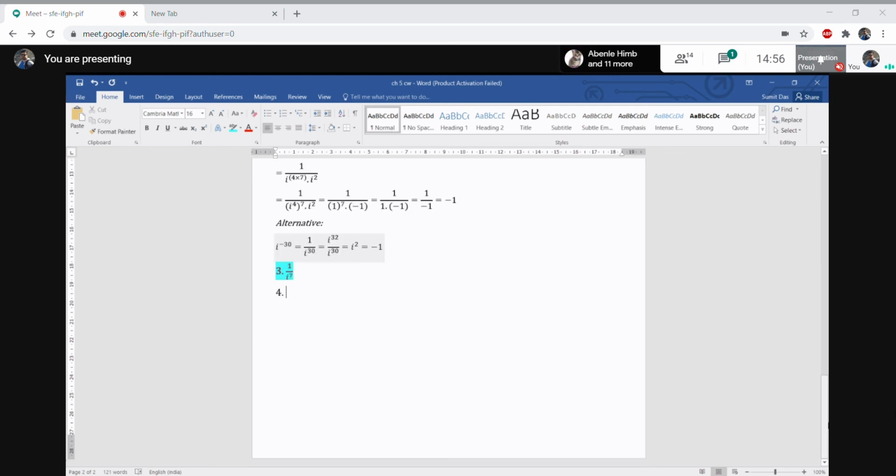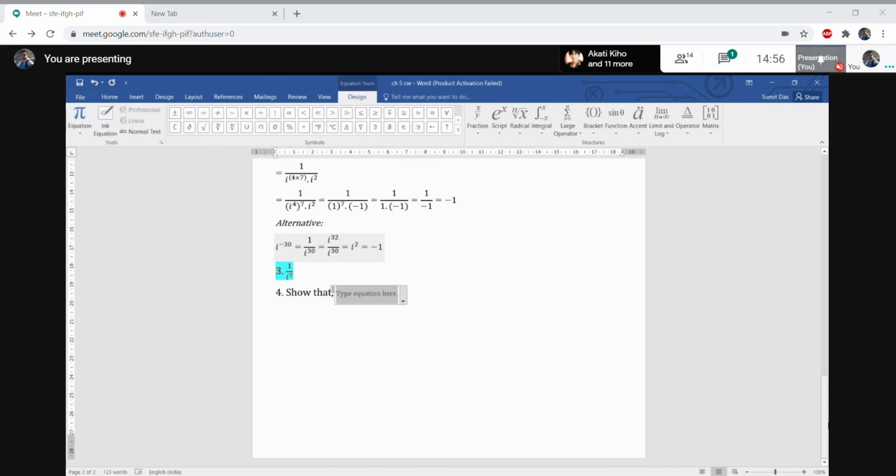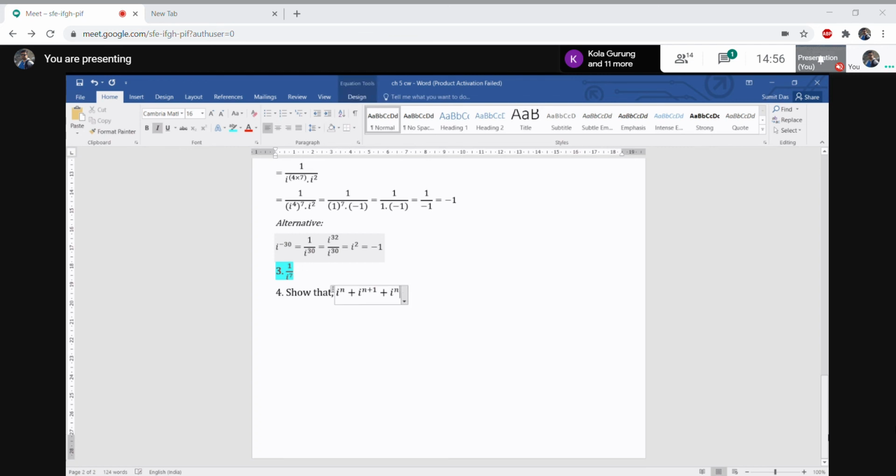This question is, show that i^n plus i^(n+1) plus i^(n+2) plus i^(n+3) equals 0.